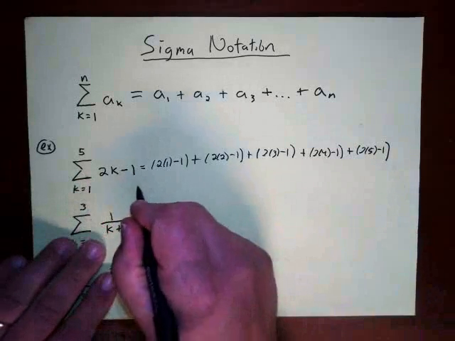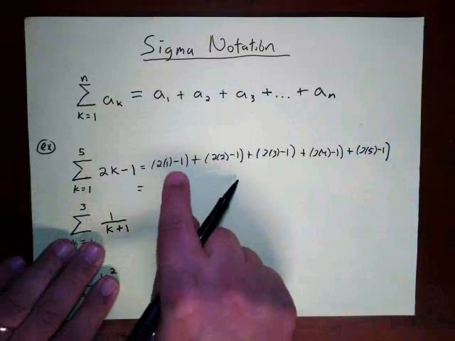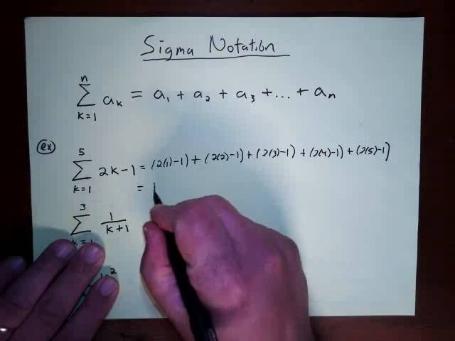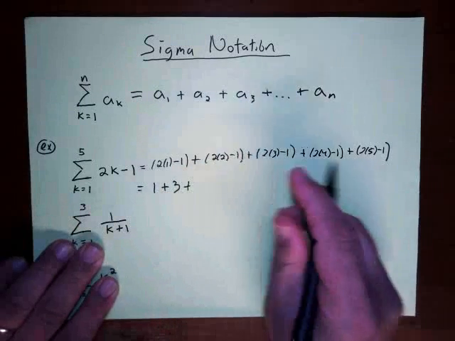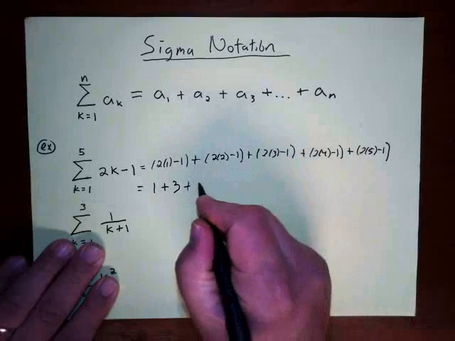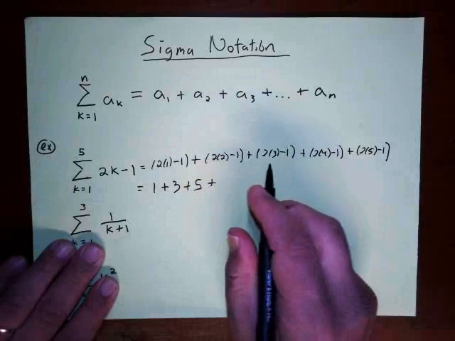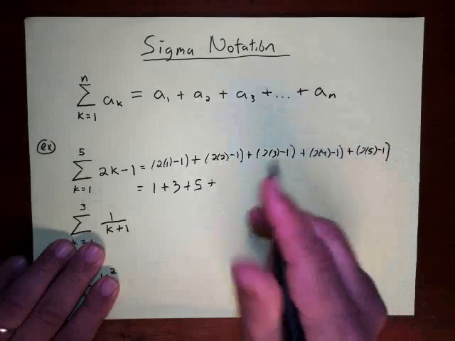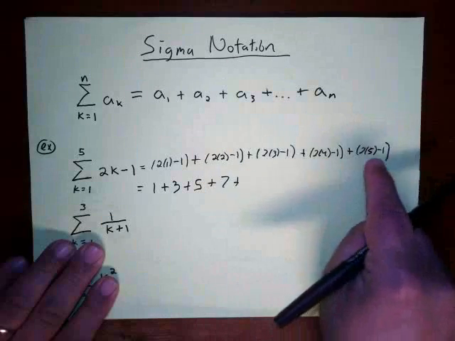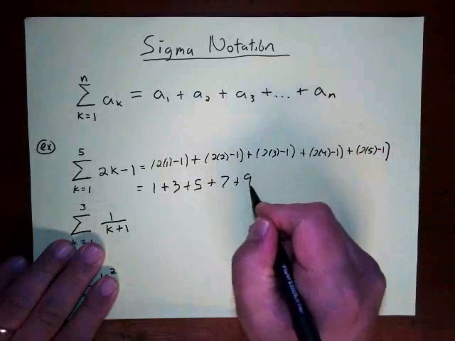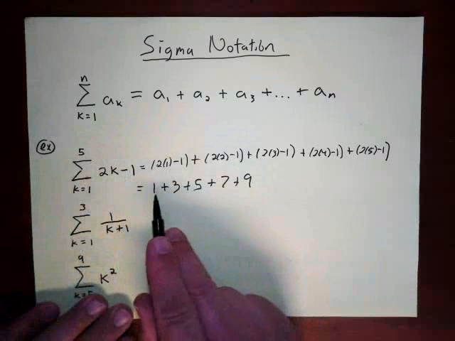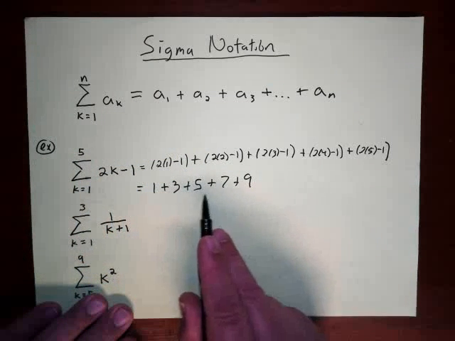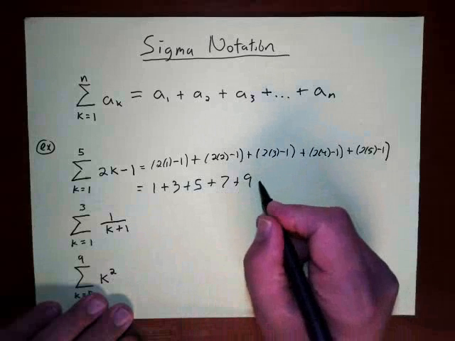You may have noticed that 2 minus 1 is just 1, 4 minus 1 is 3, 6 minus 1 is 5, 8 minus 1 is 7, and 10 minus 1 is 9. So this sum is really a way of expressing the sum of the first 5 odd numbers.